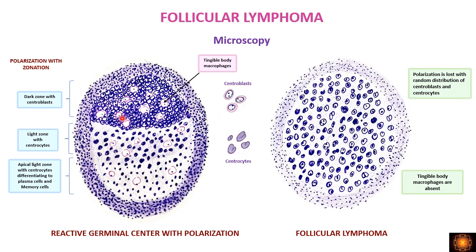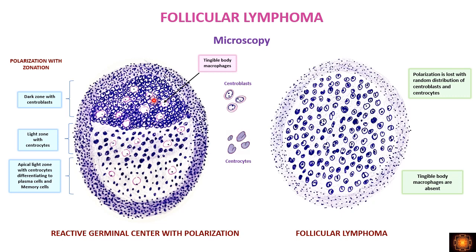All the centroblasts are present in the dark zone, and these cells differentiate into the centrocytes, which are present in the lighter zone. These centrocytes typically have cleaved nuclei and inconspicuous nucleoli in scant cytoplasm. So centroblasts are in the dark zone, centrocytes in the light zone, and these centrocytes further differentiate into memory B cells or plasma cells in the apical light zone.